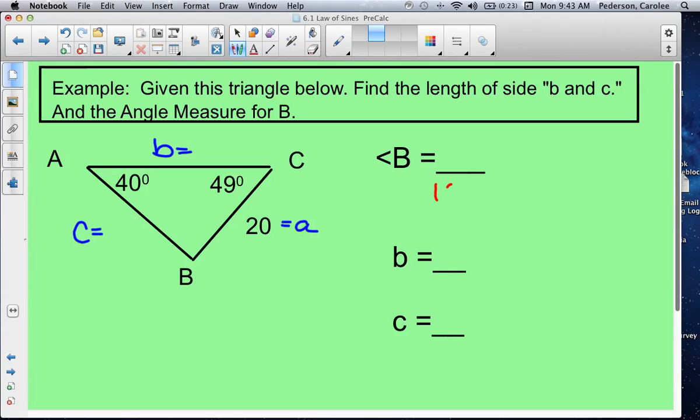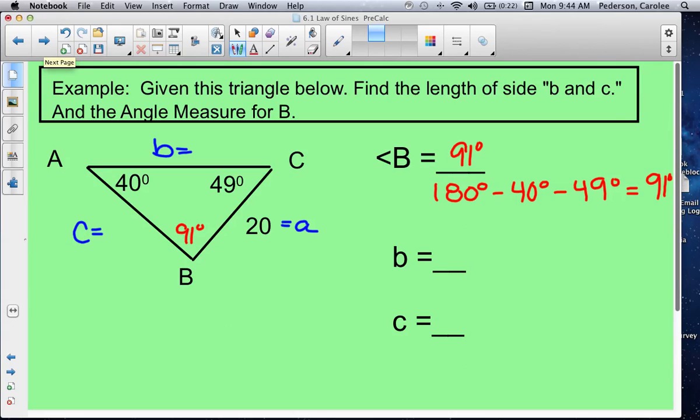So to find angle B, we take 180 degrees and subtract out the two given angles, angle A and C. What are we left with? 91 degrees. Alright, so over in our picture, let's put in 91 degrees.